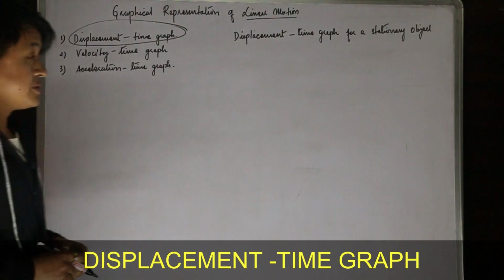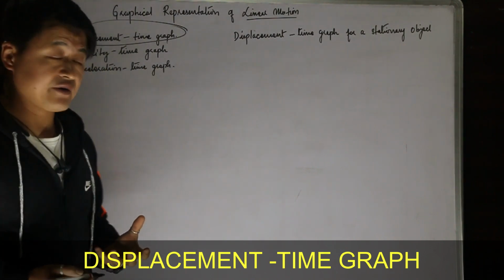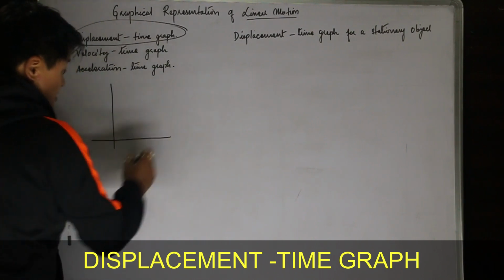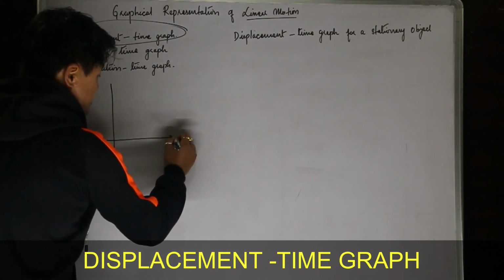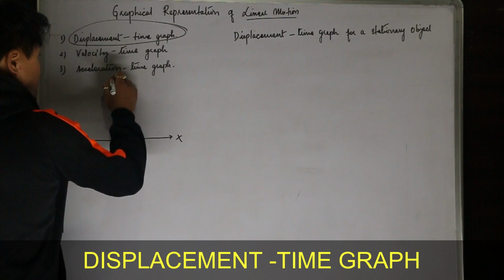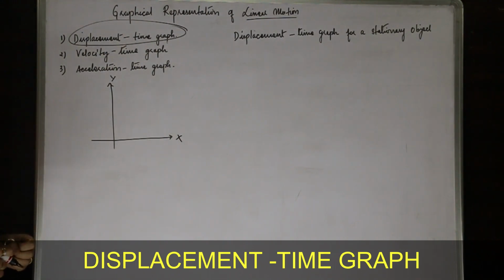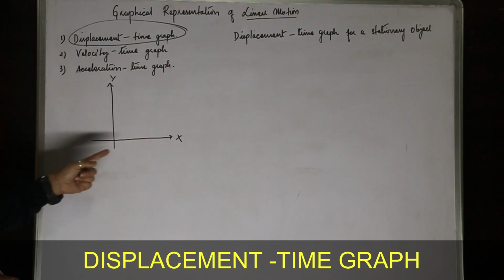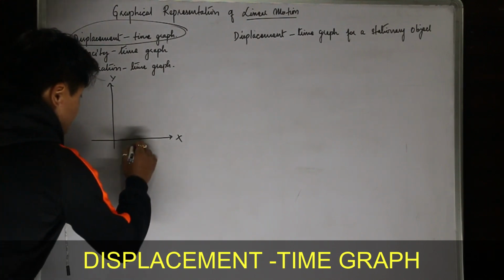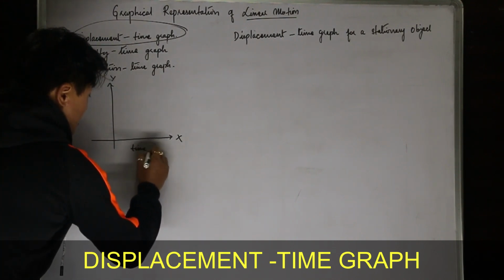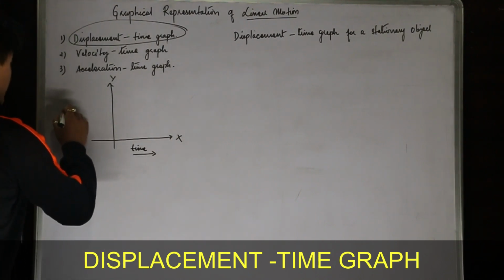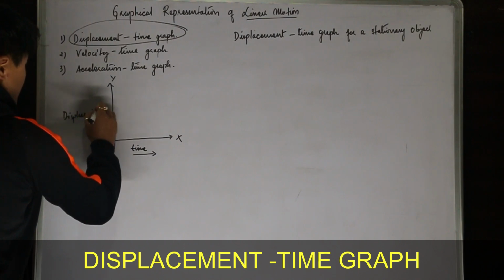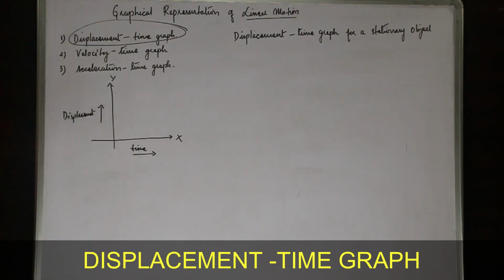When we are talking about a graph, we have two axes, one we take as the x axis and the other as the y axis. These x and y are the two variables. In the displacement time graph, we will take time along the x axis and displacement along the y axis.